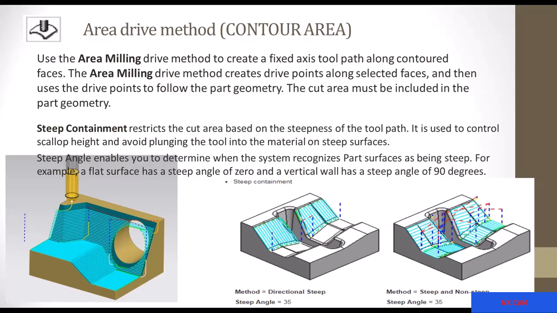If we define non-steep area with the help of angle, we can also change the angle. Here you can see this is steep area, this is non-steep area, and the tool path will also generate for steep and non-steep separately. We can also define the cut pattern separately or differently in steep or non-steep area.